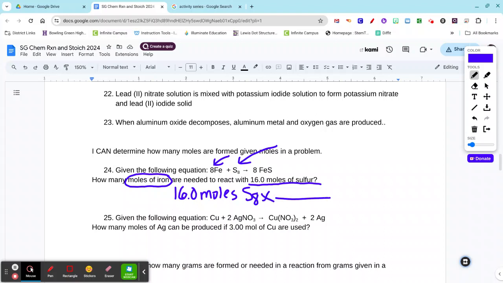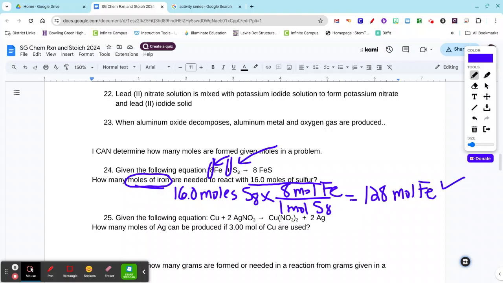And then I'm going to moles of iron, so I'm going to just use my balanced equation. This is just step 2. So when I look here, I see that I have 1 mole of S8, and then I have 8 moles of Fe, because this step is my balanced equation, so I'm using the coefficients that I have. And then when you multiply, you should get 128 moles of Fe. And since that's what it's asking for, that is your answer.